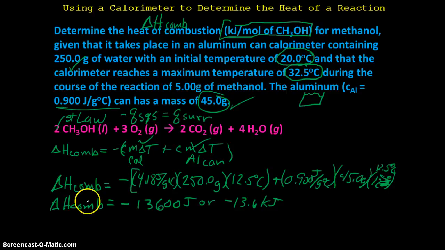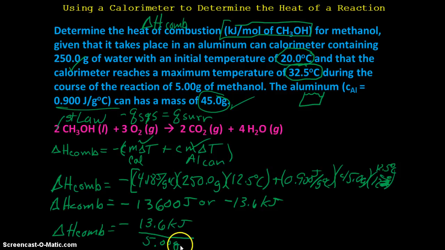Now they still want this in kilojoules per mole like they did before, so we're going to run our dimensional analysis and say that delta H of combustion is negative 13.6 kilojoules for every, what did I say, 5 grams of methanol that we used. And methanol has a molar mass of 12 for carbon and 4 for the hydrogens at 16, and then another 16 for the oxygen.